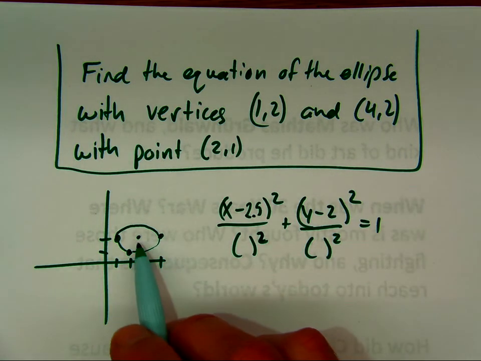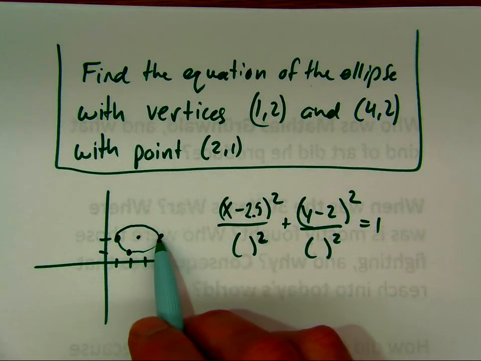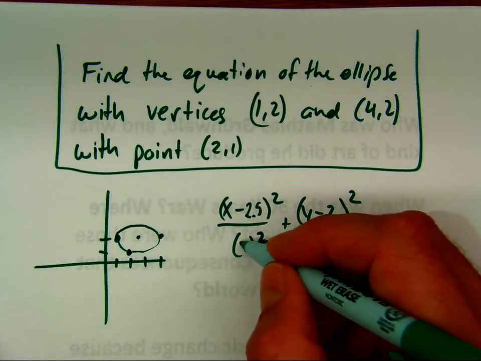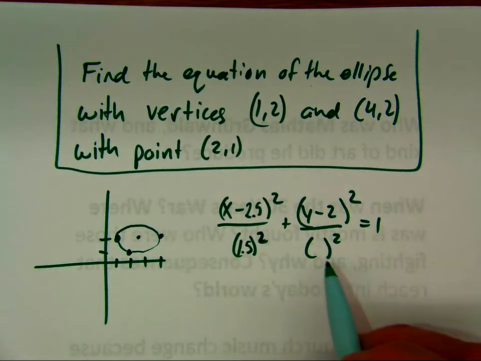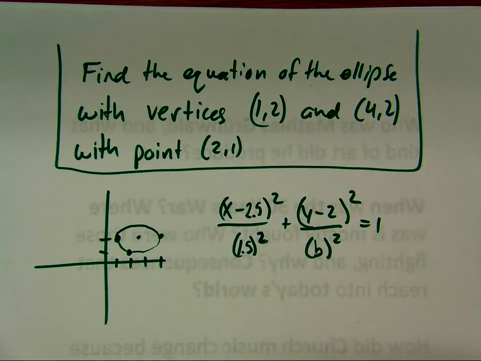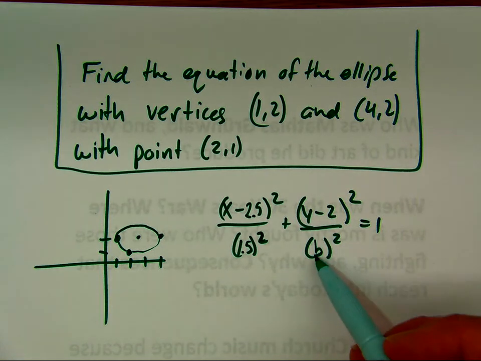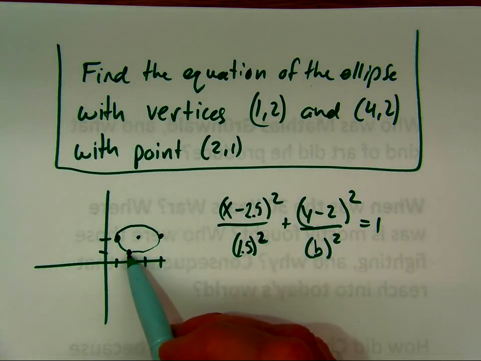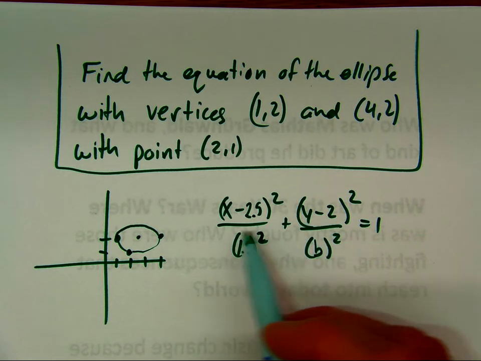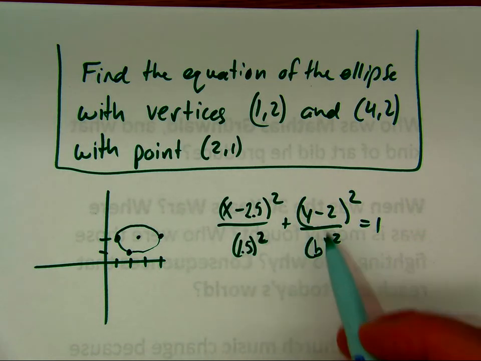We know the horizontal distance to the vertex, which is 1.5. But we don't know the vertical distance. We have 1, 2, 3 unknowns, but over here with this point, it gives us an x and a y. And that's how we just substitute for x, substitute for y, and we can solve for b.